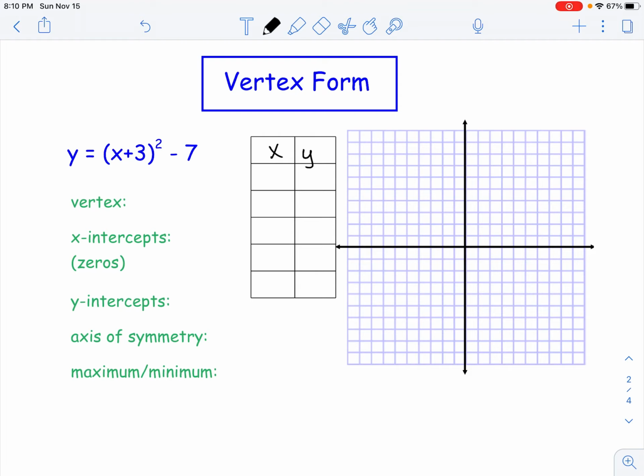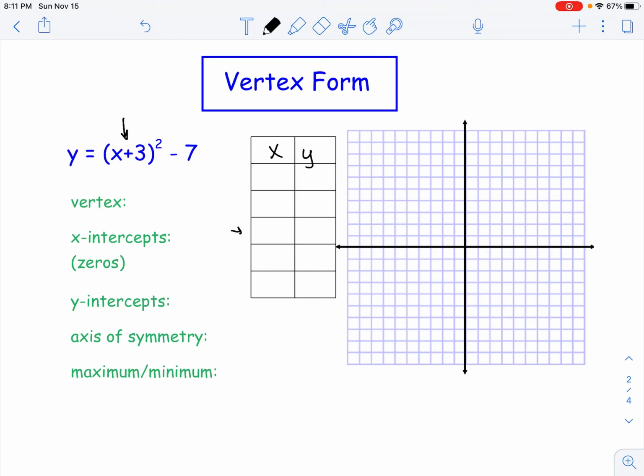The really important part is, what are we going to pick for our x values? In particular, what are we going to pick for the middle x value? Often what you'll see people do is they'll just go -2, -1, 0, 1, and 2, and then plug those in. But if you do that in this case, you're going to get some numbers that are off the graph. So let's be smart about what we pick for our x values.